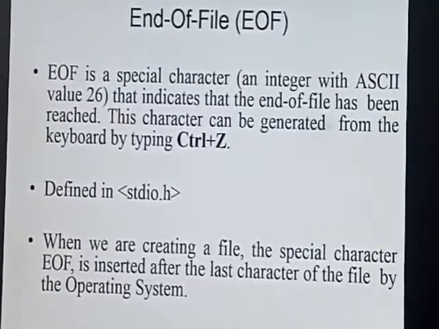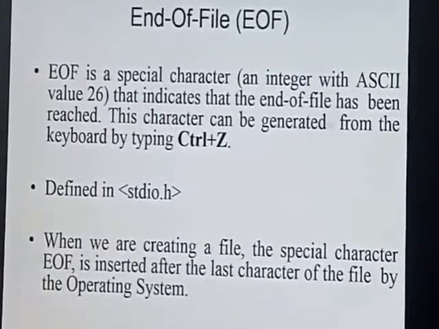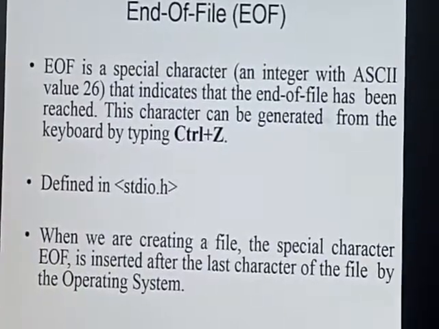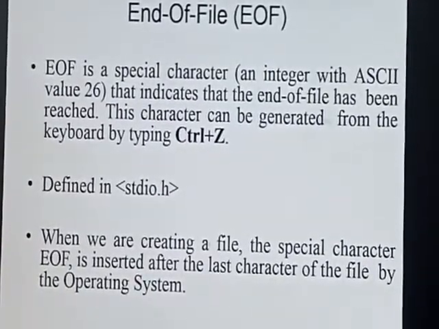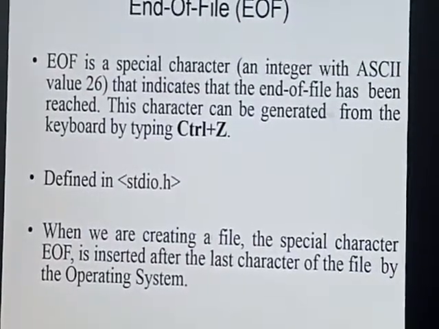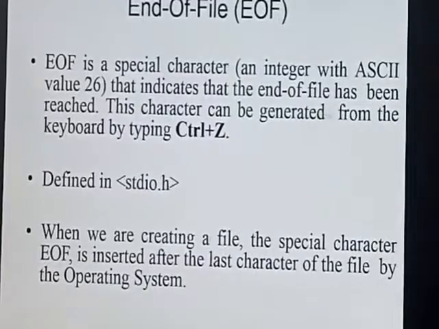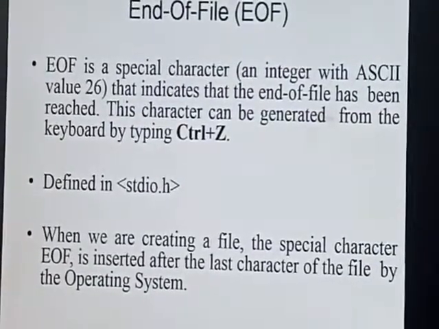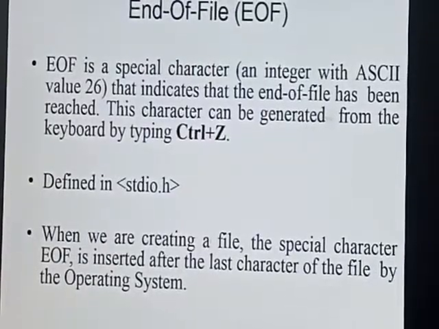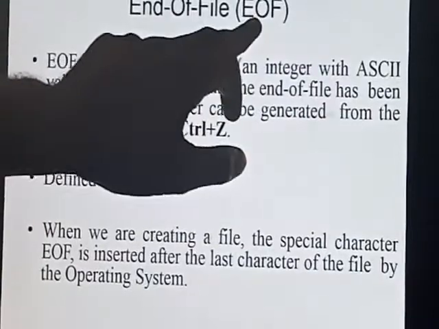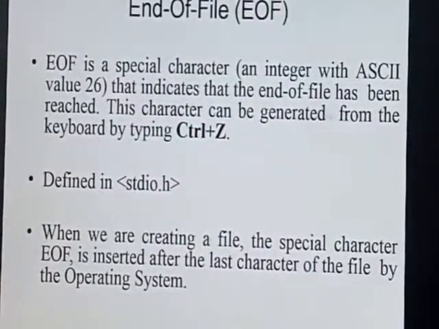You have written certain characters and you want to read those characters. If you start reading, it is required to end the reading. For that, the C compiler has defined a constant called EOF, which is nothing but end of file. As we wrote previously, "I study CSIT in CAB", after CAB this particular character will be inserted, which means that the file has ended.